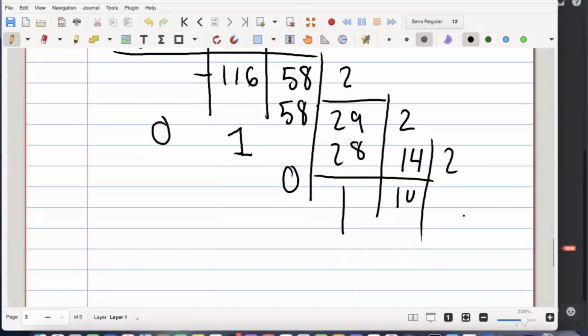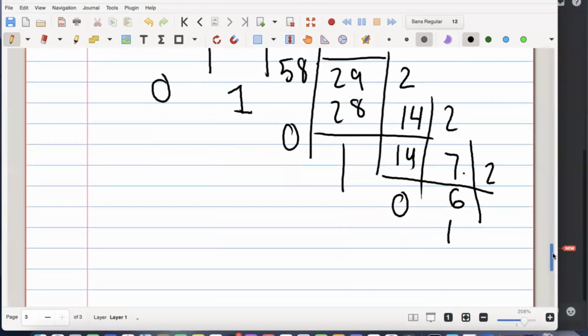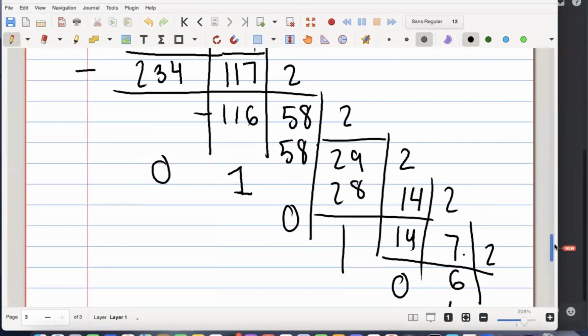Put a 0 down. Yeah, basically, yes. So we have 2 here. Oh yeah, the 2's.